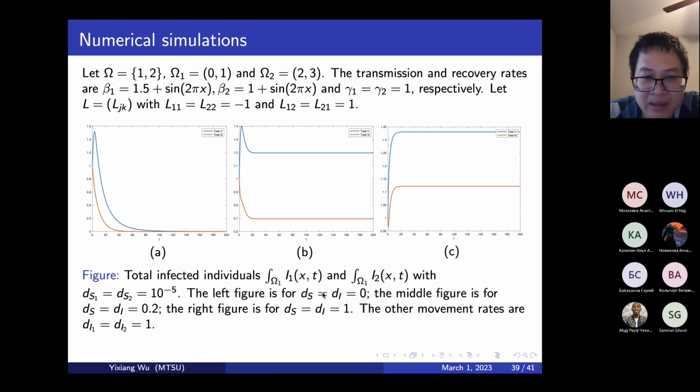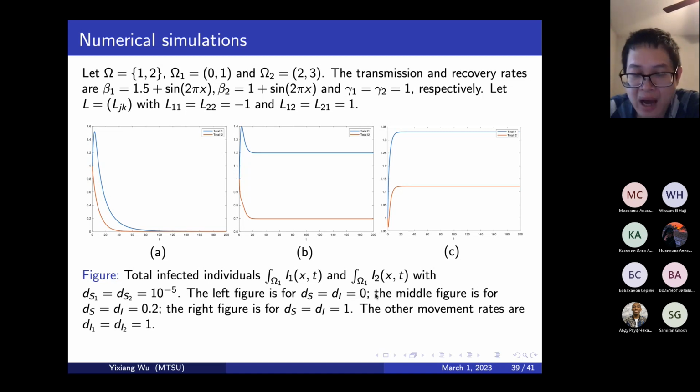In figure A, you can really see the infected people going to 0, which confirms the results proved by previous people. Basically you can control the disease by limiting movement of susceptible people.